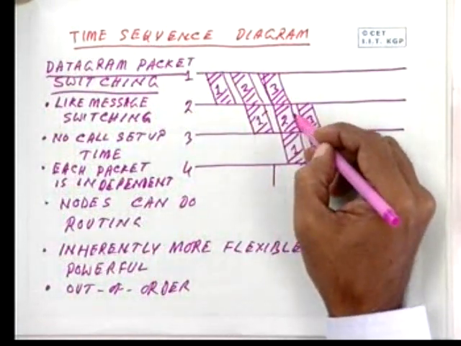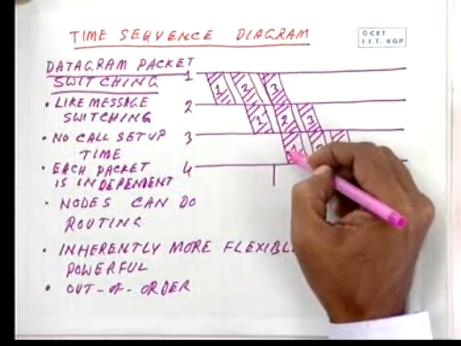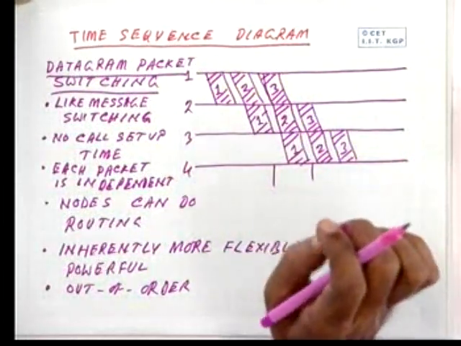During the same period, packet 2 is transmitted from 2 to 3, and packet 1 is being transmitted from 3 to 4. So different parts of the same message are being transmitted simultaneously, and as a consequence, the transmission time will be small in packet switching.